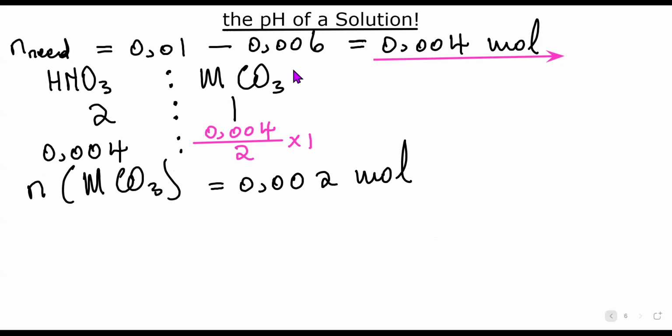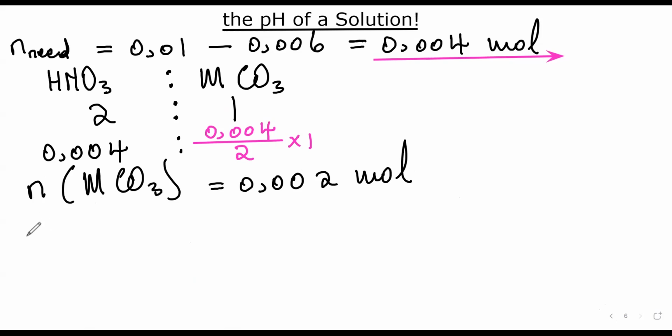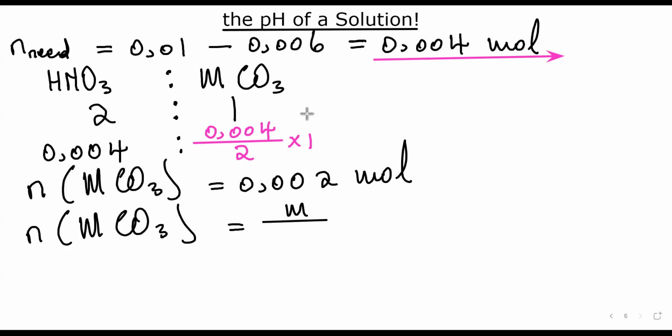Okay, fine. So now we know the number of moles of the metal carbonate. We also know the mass of the metal carbonate. Then we can just state our formula and say the number of moles is equal to the mass divided by the molar mass of the entire compound. Or if you like, you can say this entire compound is made up of the molar mass of this metal plus carbon plus 3 times oxygen.